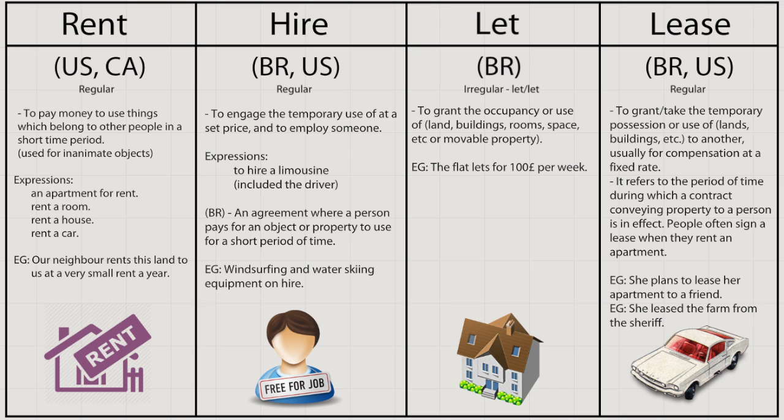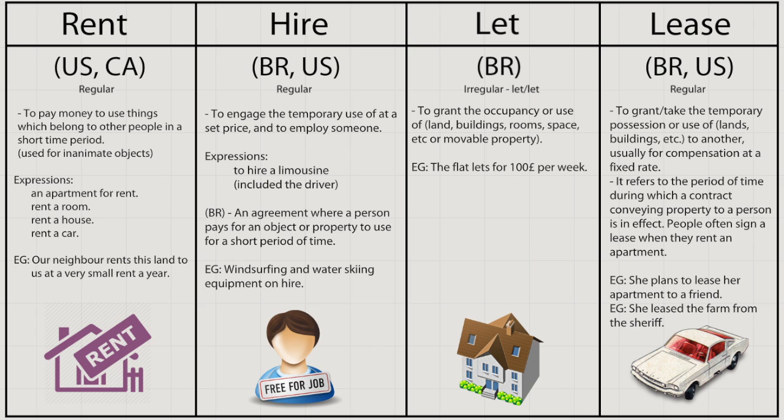Then we have to let, and let is used mainly in British English and is an irregular verb because it stays the same for the past and the past participle. Okay, and this means to grant the occupancy or use of land, building, rooms, space, etc., or movable property.